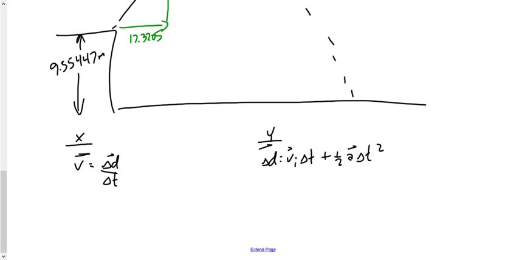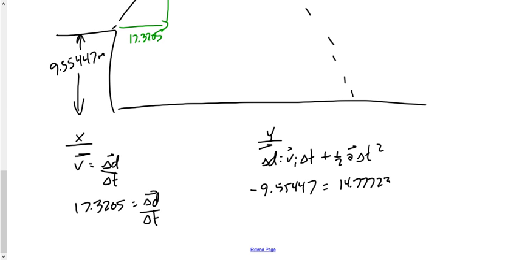The horizontal velocity was 17.3205. We don't know what t is. The vertical displacement is negative 9.55447, because it ends up 9.55 meters below where it started. Vi for the y component is 14.77723.